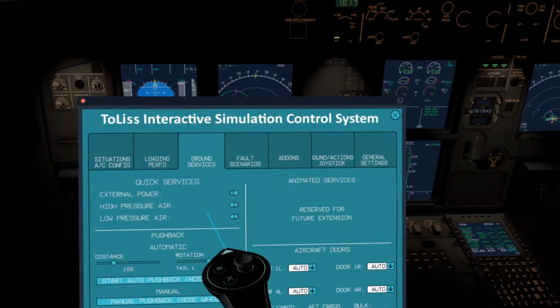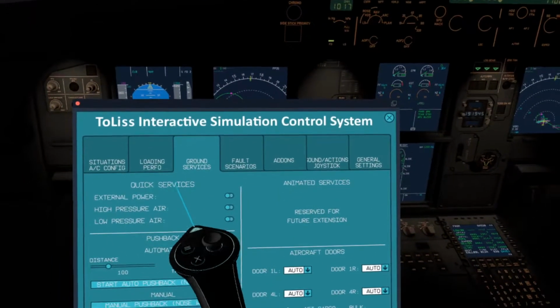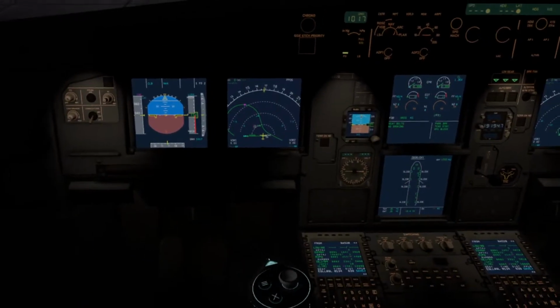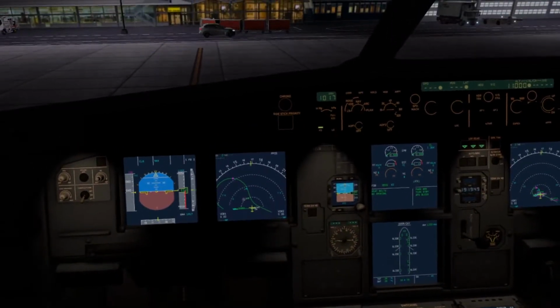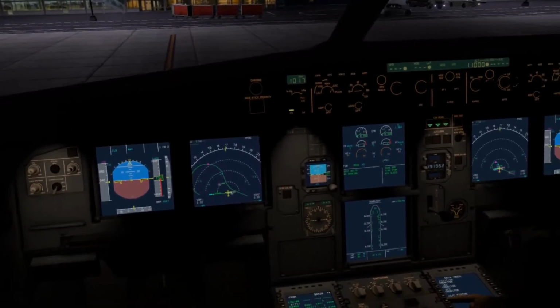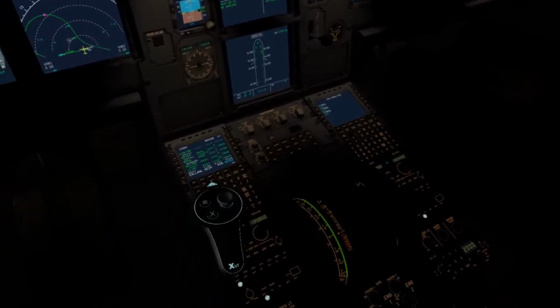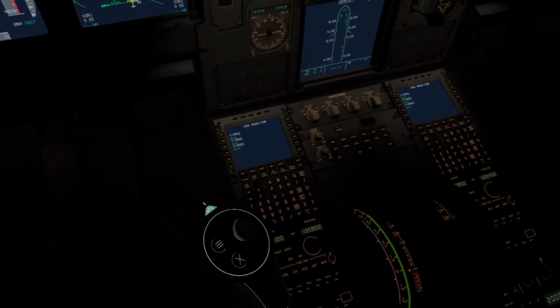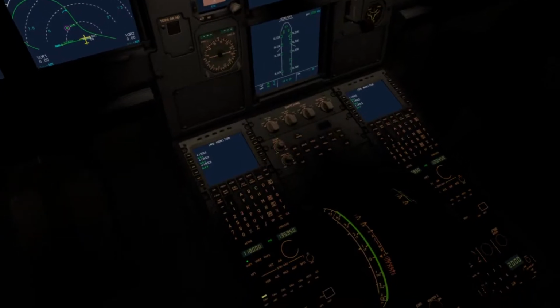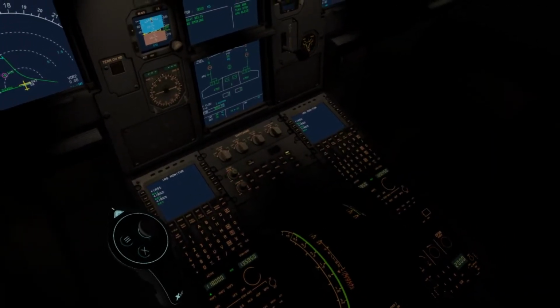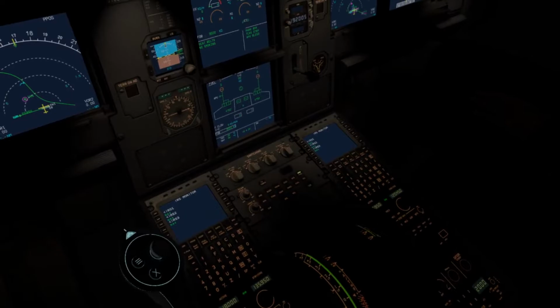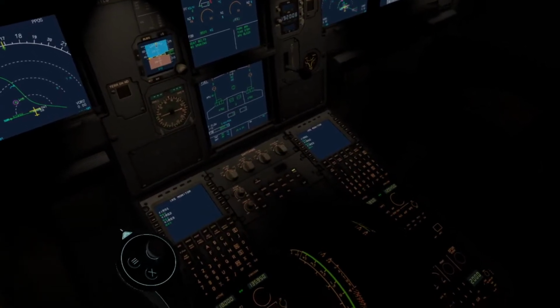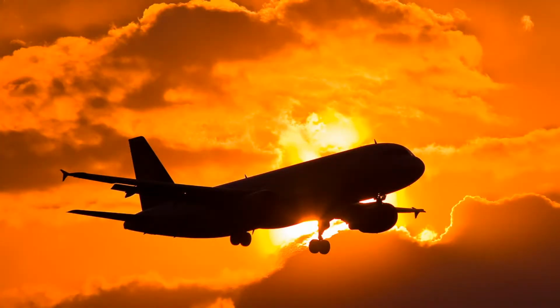Gear pins and covers. Removed. Signs. Auto. Nav. Fuel. 9,500. Takeoff data. Set.